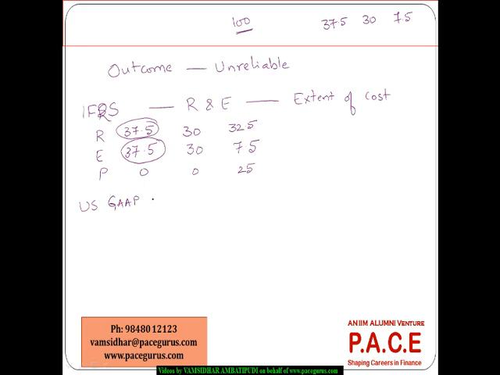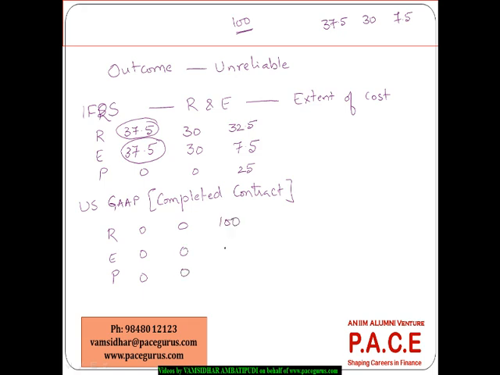But the same thing under the US GAAP is called the completed contract method, a slightly different version. Under a completed contract method, I don't recognize any revenue or any expense in the years until the contract is completed.